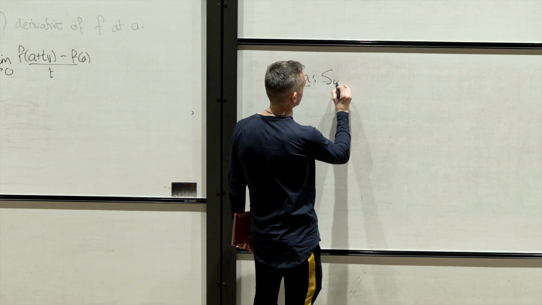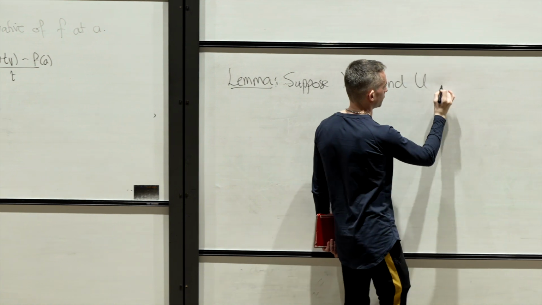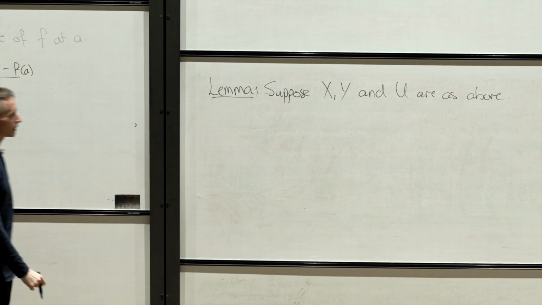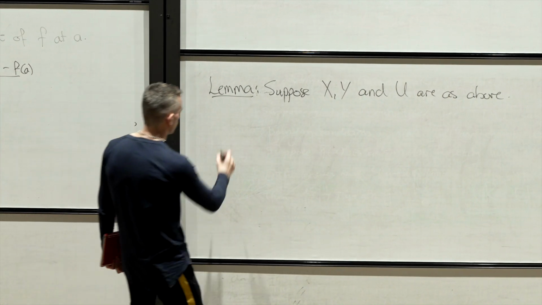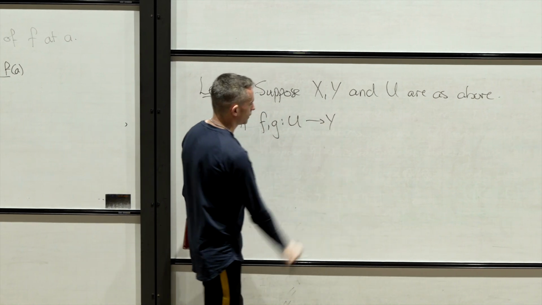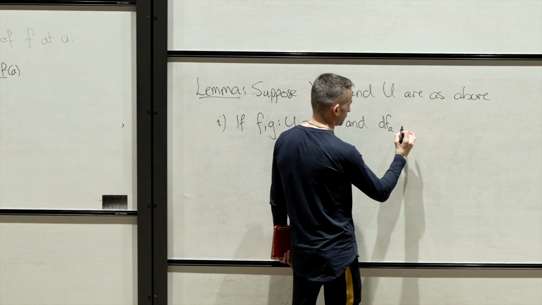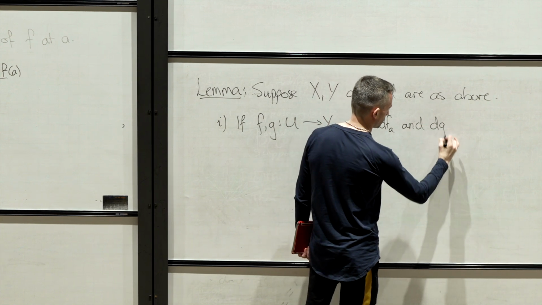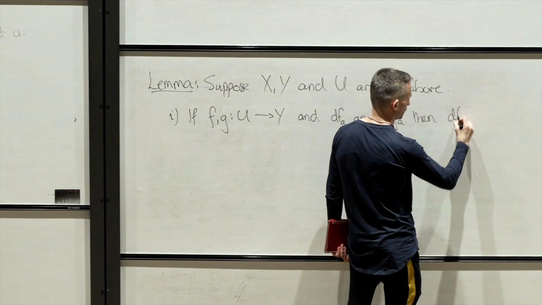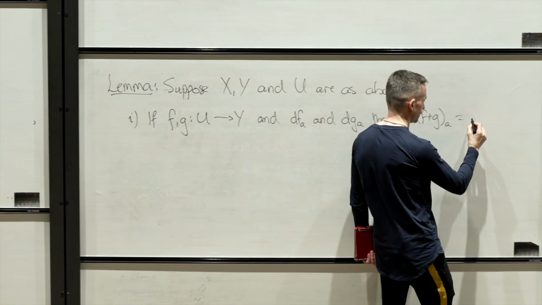Suppose X, Y, and U are as above, so X and Y normed vector spaces, U open in X. Then if you have two functions defined on U, and the derivatives of both exist at A, then the sum is differentiable at A, and its derivative is, you'll be shocked to learn, the sum of the derivatives.